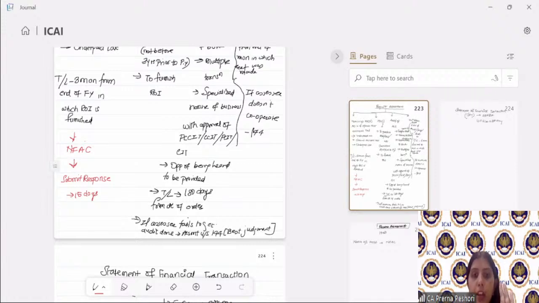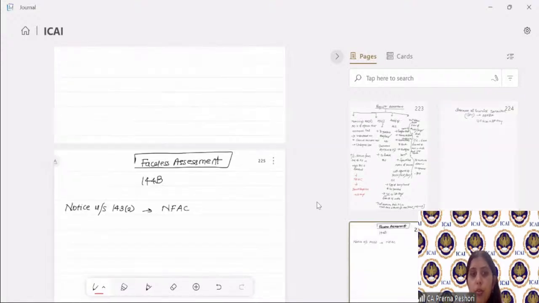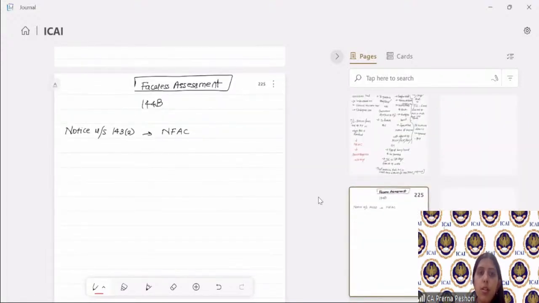So where the AO wants to ask further information under 142(1) or wants the assessee to file the return under 142(1), that will be through this NFAC only. Now once the assessee has submitted the response to the 143(2), there is going to be notice under 143(1) and assessee will submit the response.